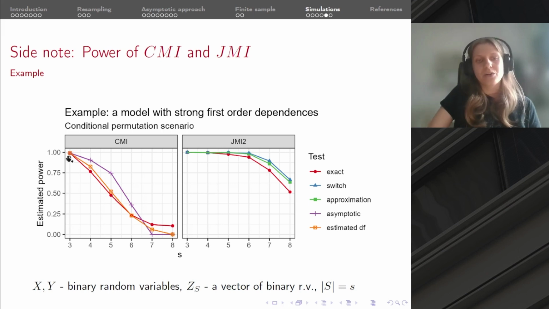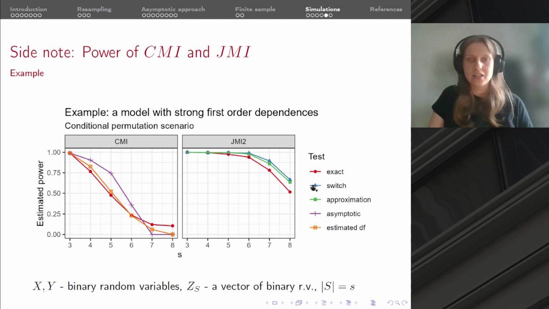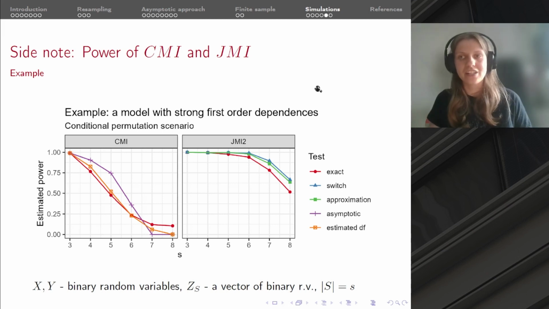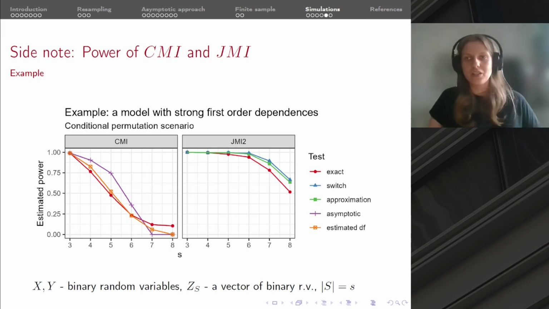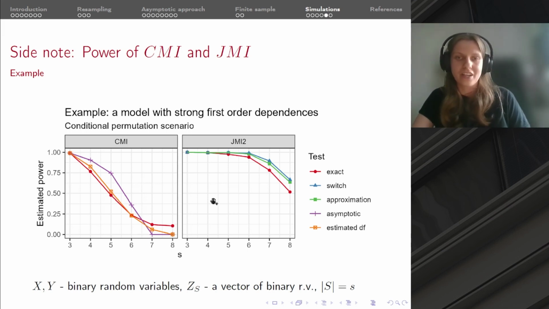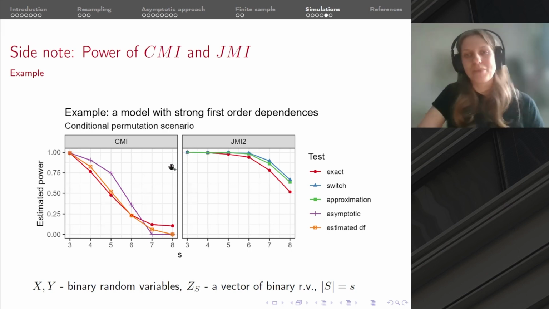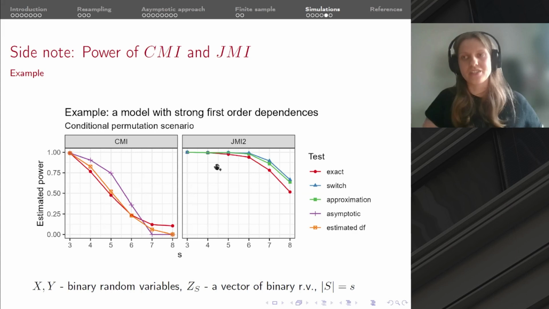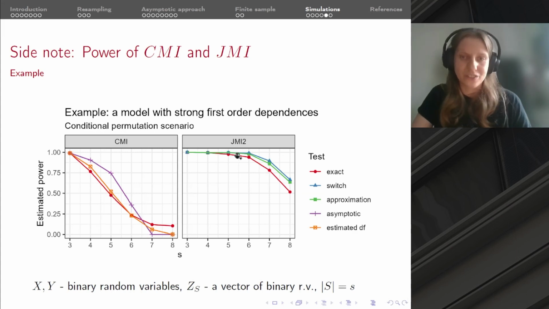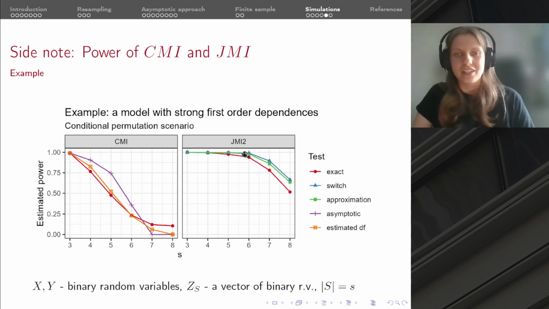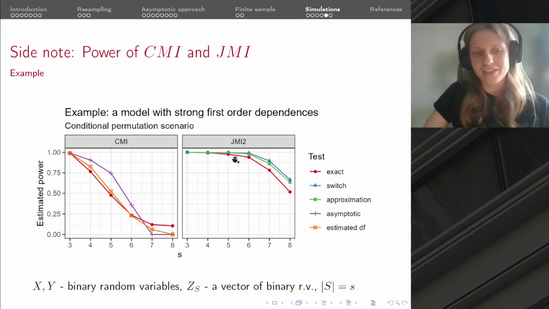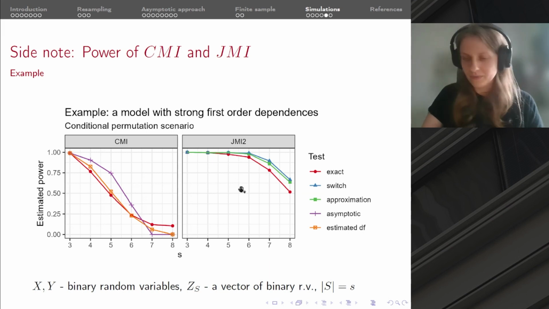And as you can see, the power of CMI is much lower than of GMI, and it shows that the criteria are very useful, although the theoretic results are not as simple as for CMI, and there are many approximations on our way to finally make a decision based on a test of conditional dependence.